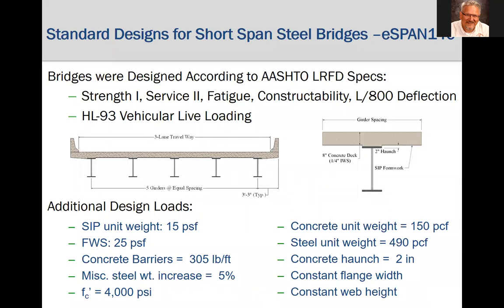For the designs, the standard AASHTO HL93 vehicular live load was applied, but there needed to be assumptions for the dead loads on the bridge due to the owner's selection of bridge materials. So down here at the bottom, it shows conservative values were assumed so that the designs will meet the different configurations that may be built. The designs assume an overhang width of 3 foot 3 inches.